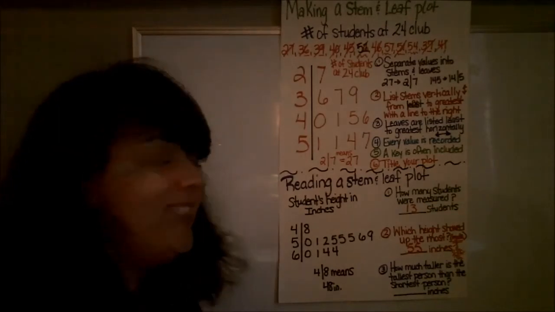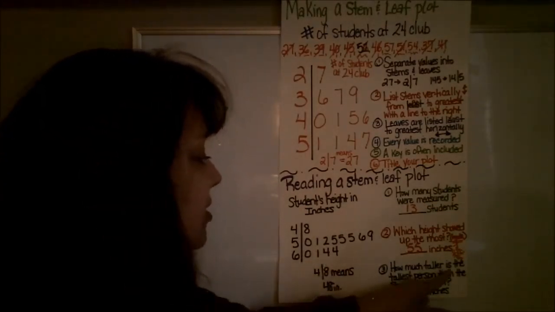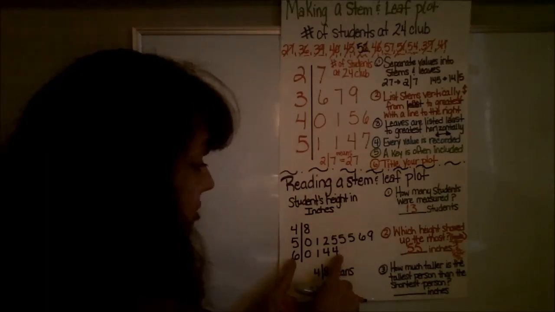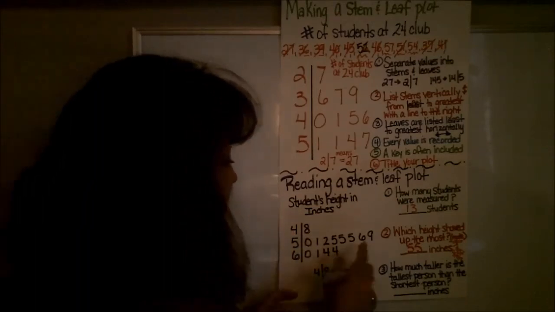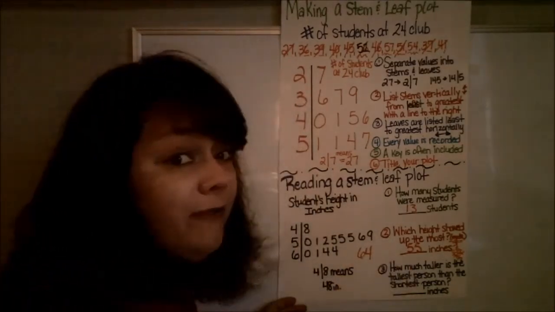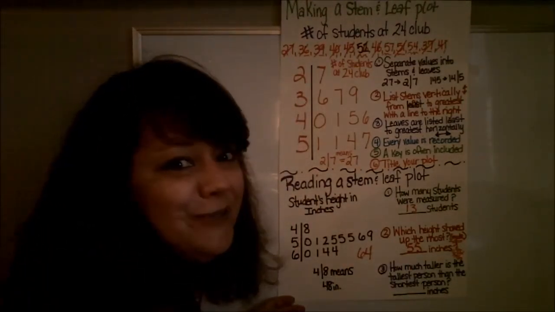Then the last question they asked was, how much taller is the tallest person than the shortest person? The tallest would be the most amount of inches. The shortest would be the least amount of inches. So 64 inches. And how do I find difference? You guys are so brilliant. You're right, you subtract.